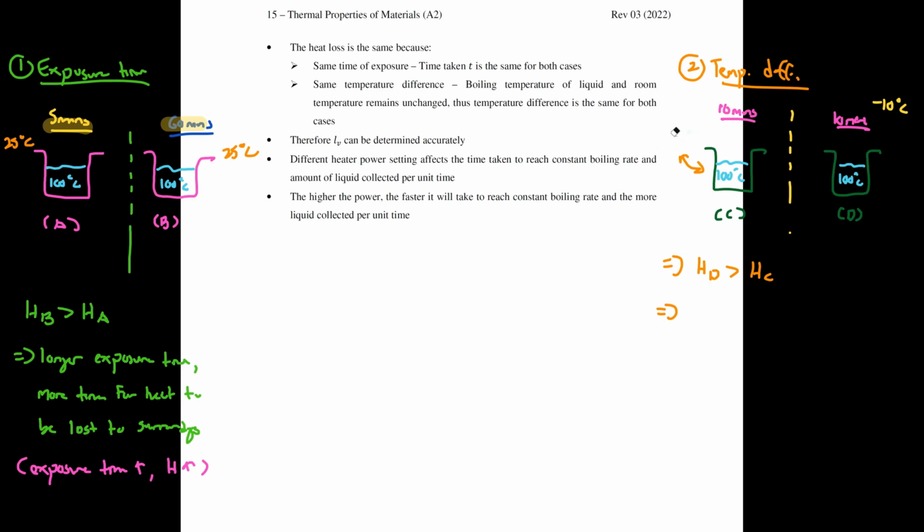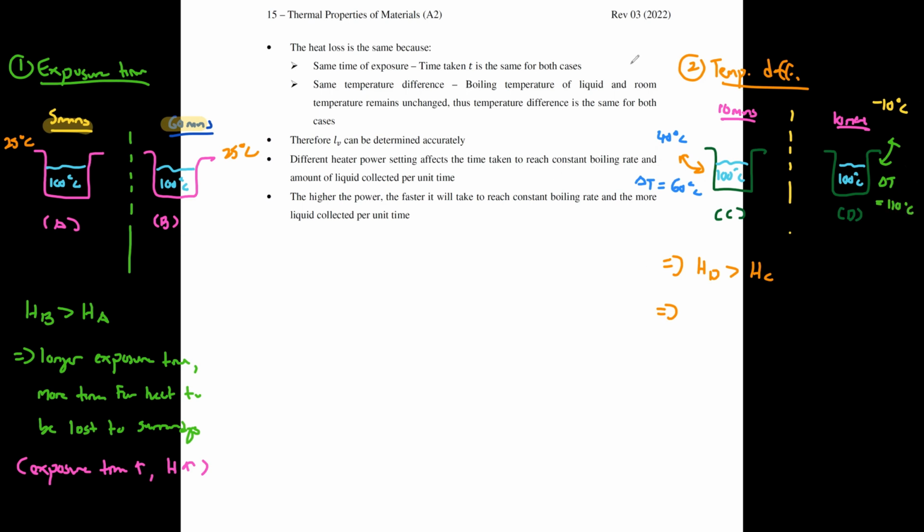Maybe I make the case even more exaggerated. Maybe this one, I put it in a very hot room at 40 degrees Celsius. So my temperature difference here is just going to be 60 degrees Celsius. And for the one that I put inside the freezer, the temperature difference is going to be 110 degrees Celsius, almost double that of C.